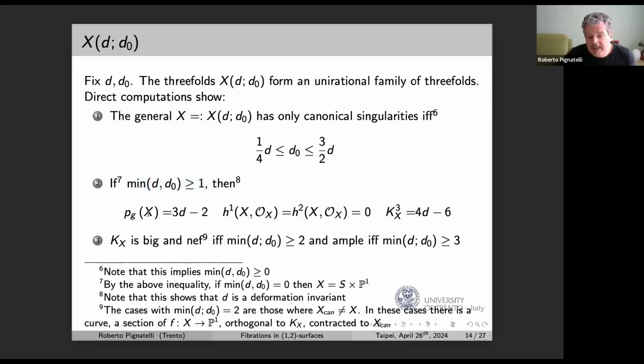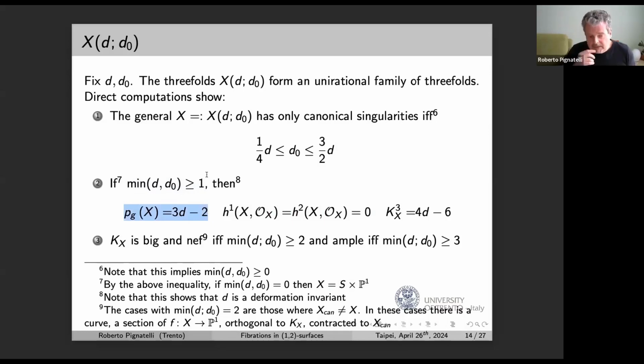And then you compute the invariants. The trifolds have all the irregularities to be 0, H1 and also H2 of O to be 0. The genus, assuming this minimum to be at least 1, is 3D minus 2.